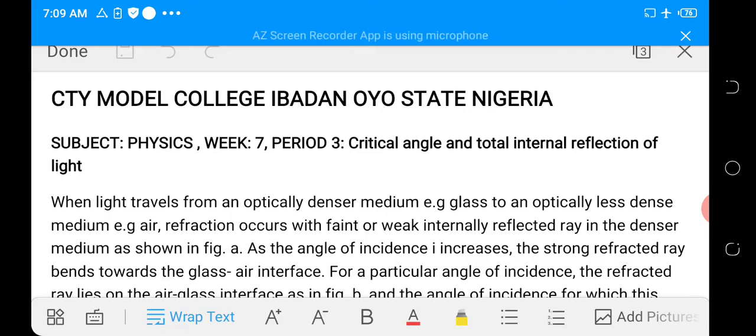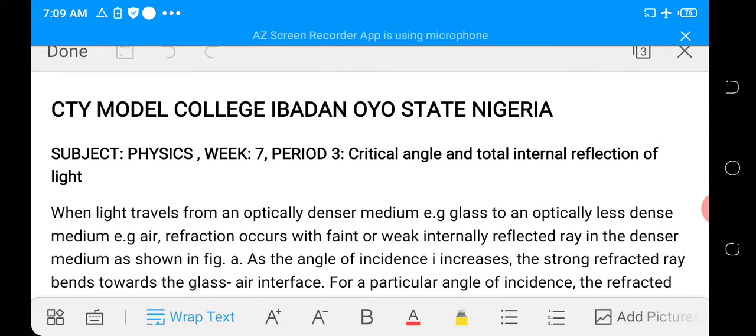We also define refractive index in terms of apparent and real depth, where the refractive index is given as the real depth over apparent depth. We also talked about apparent displacement, which is the difference between the real depth and apparent depth.